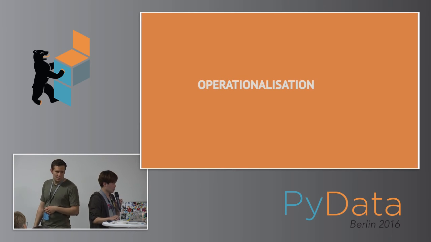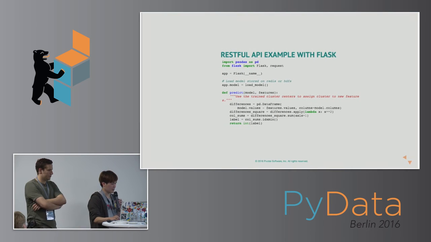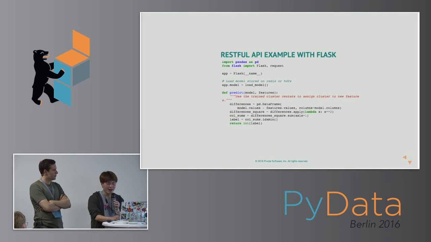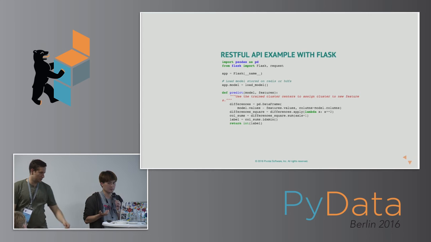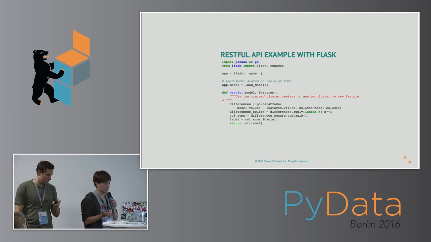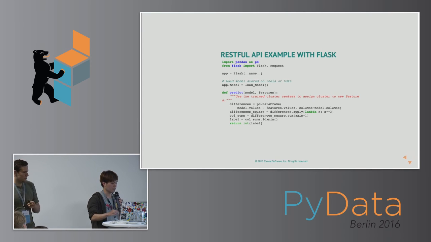Okay, on to operationalization. Since we don't have so much time, we'll make it quite fast. One of the approaches that we're taking is API first. For everything that we do, we try to write an API as fast as possible. To do so, we are using Flask, which probably all of you know.